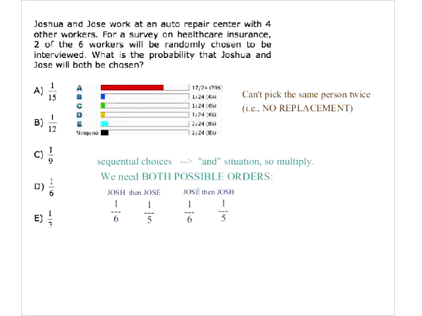These two cases are mutually exclusive, so we add them together. The overall construction of the problem is an or situation: it's either Josh then Jose or Jose then Josh. So you add those together and you get 1/15, which is A.